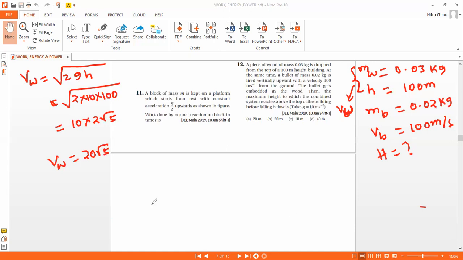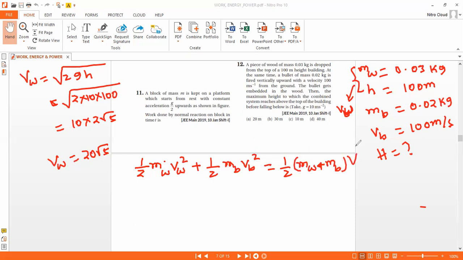Okay, fine. So by using the conservation principle, half mass of wood times velocity of wood squared plus half mass of the bullet times velocity of the bullet squared equal to half mass of wood plus mass of bullet times combined velocity squared.